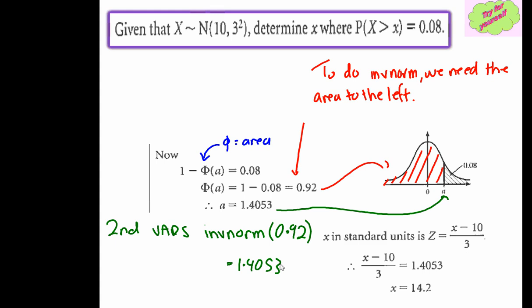So the z value is 1.4053. We've got the z value. We want to work out the x value because they said find x. Mean is 10 and standard deviation is 3. So you need to solve for x in this case. Multiply by 3, add 10, and you would get 14.2, rounded to 14.216. A bit complicated.